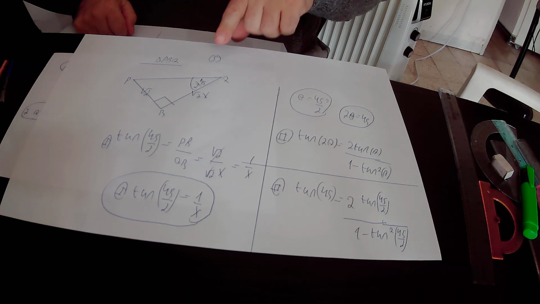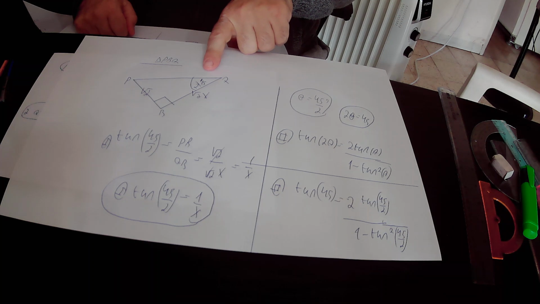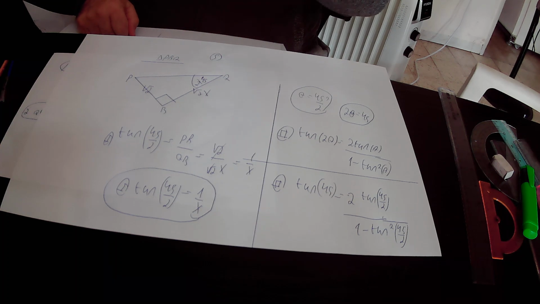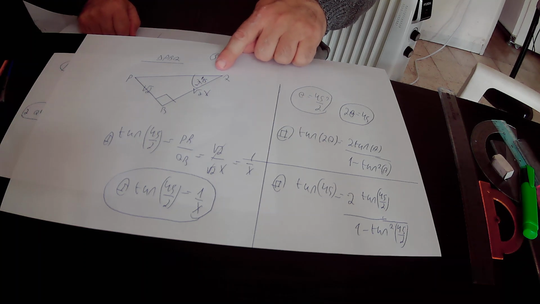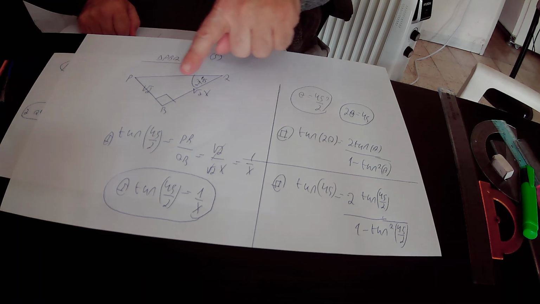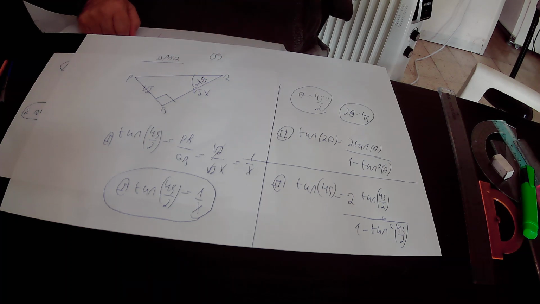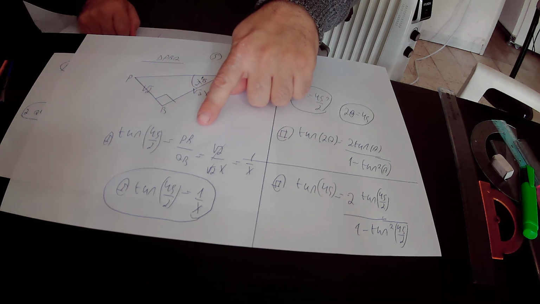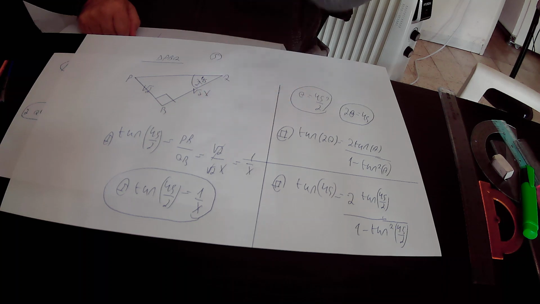And we just found out that this is angle alpha that equals 45 degrees over 2. So in this right triangle PQB, tangent 45 degrees over 2 equals PB over QB.